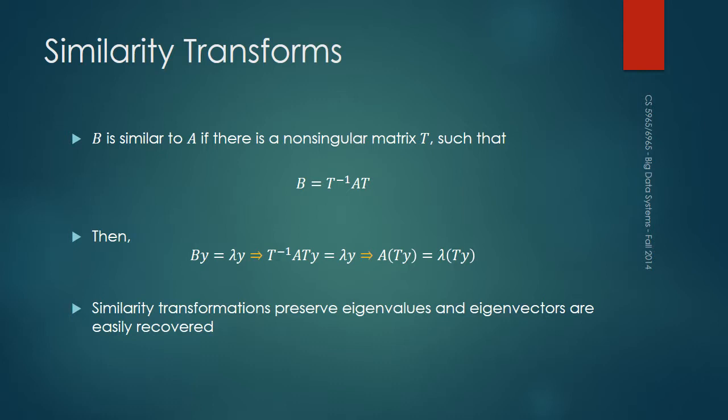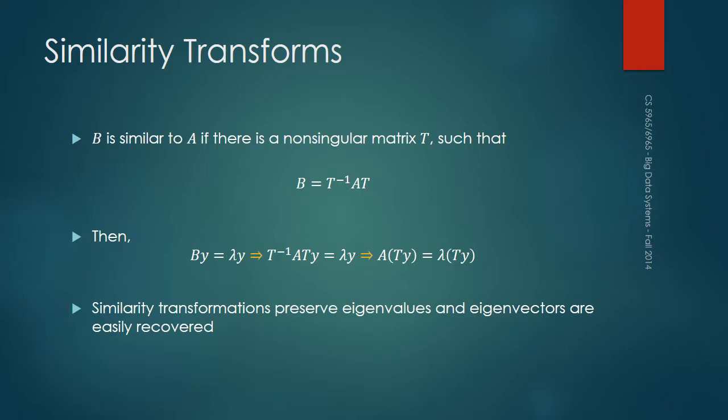B is similar to A if there is a non-singular matrix T such that B is given by this similarity transform, which is T inverse A T. So assume that given a matrix A, I can create a matrix B using these transforms T. Where T is non-singular because we need T inverse there. Then follow this expansion. Basically, we are interested in the eigenvalues and the eigenvectors of B now, right?